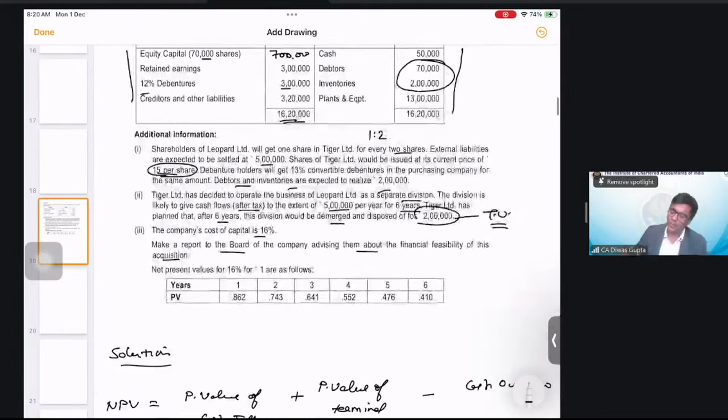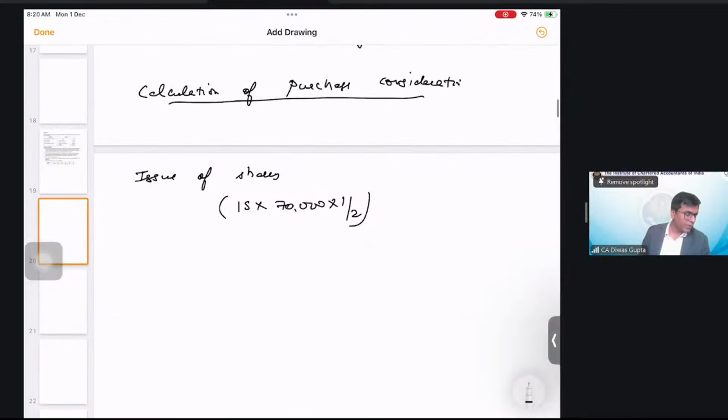This is clear, students? Yes, sir. Perfect. So this is the amount that will be incurred for purchasing Leopard Limited. So this is 5,25,000. Now once you acquire this, you will have to settle the external liabilities and adjust for the realization in cash, right?